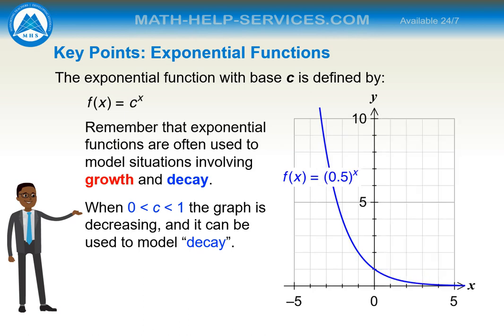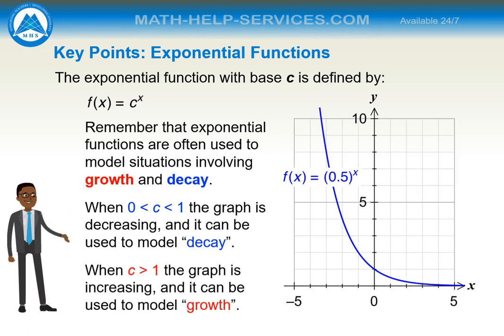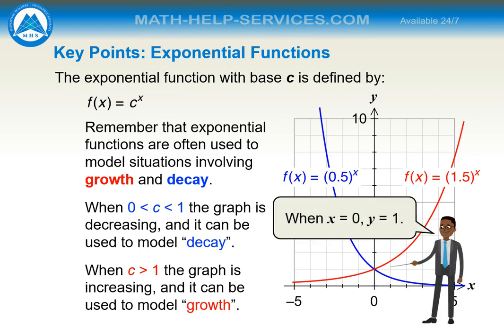It would look like this. When c is greater than 1, the graph is increasing, and it can be used to model growth, and it looks like the graph in red. But what happens when x equals 0 and y equals 1? Well, that's this point right here.